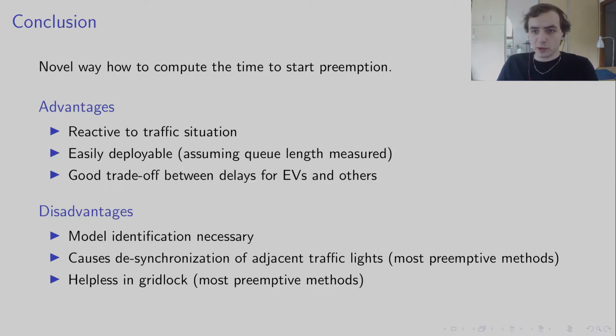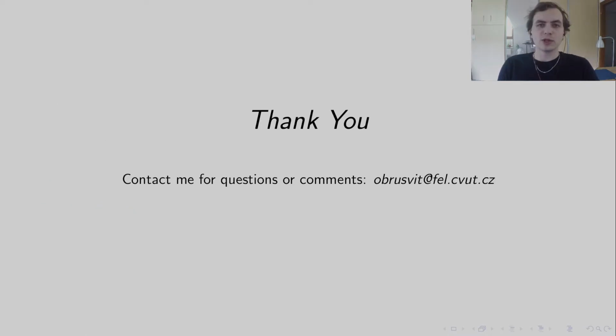As with most preemptive methods, even ours is helpless in case of urban gridlocks, and it causes desynchronization of traffic lights. Our method also needs to set up the parameters of the model, which might be different for different types of intersections.